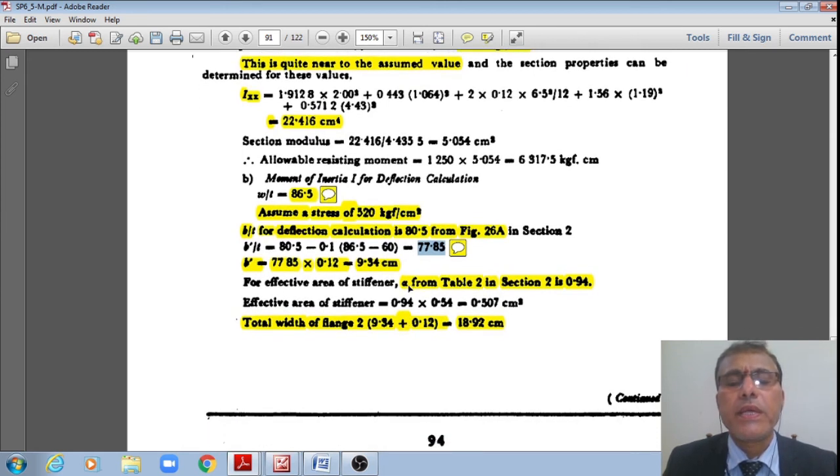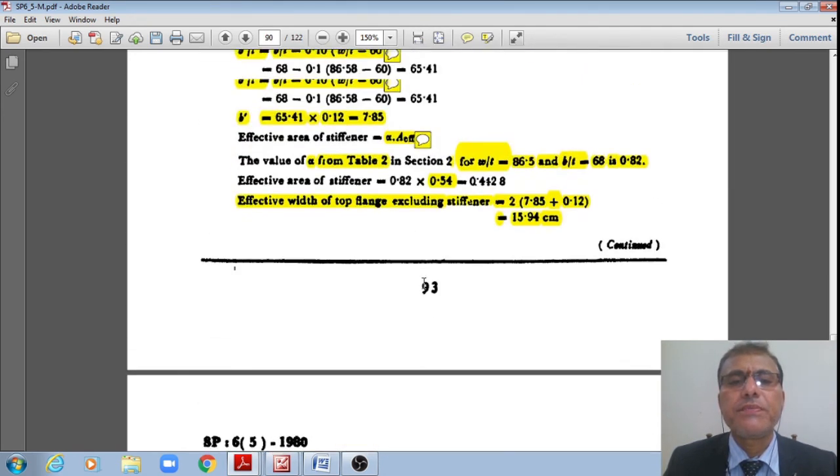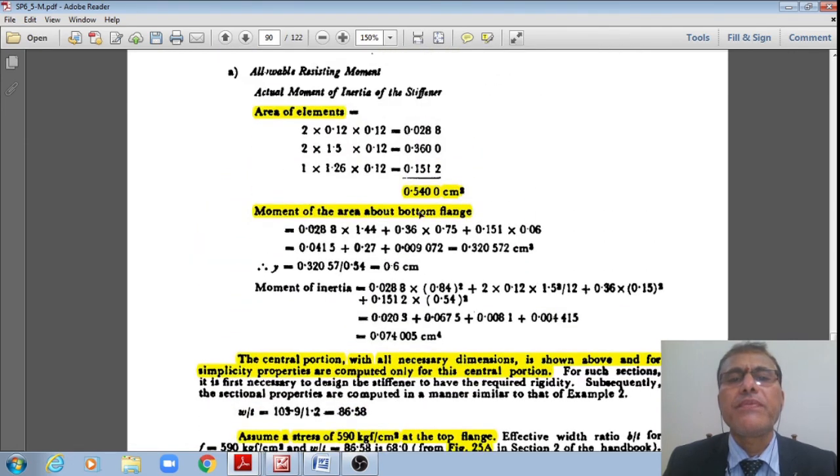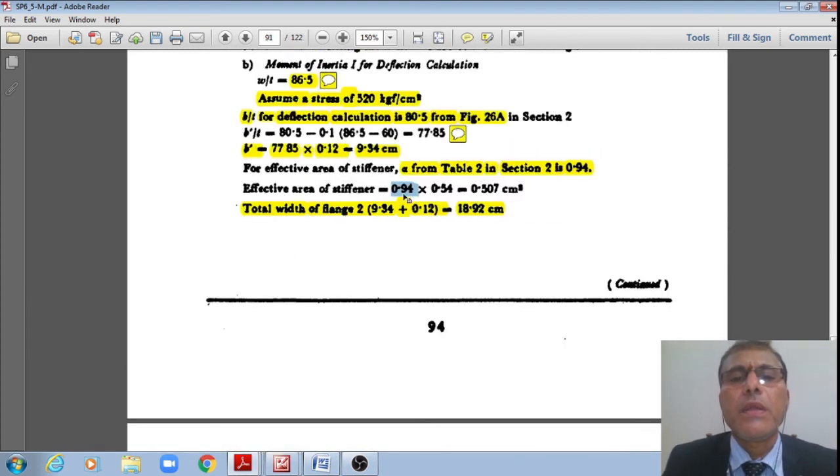Therefore, the effective area reduction factor alpha, from either table 2 or the same class 5.2.1.2, works out to 0.94. Therefore, the effective area of this stiffener is 0.94 multiplied by the area of the stiffener, which worked out already to 0.54. That works out to 0.507 centimeter square.